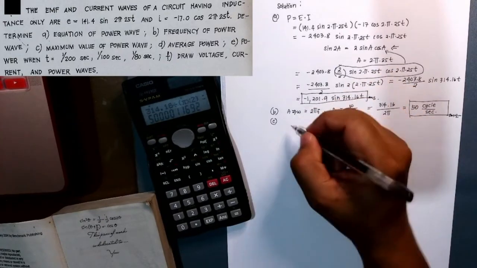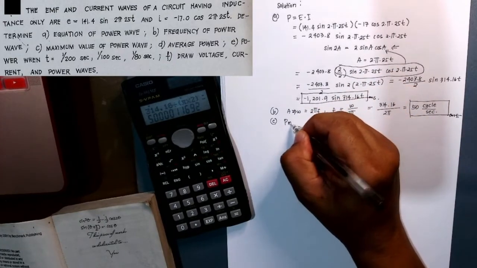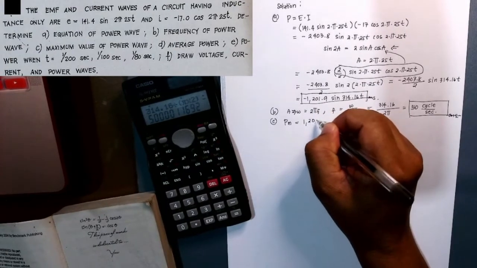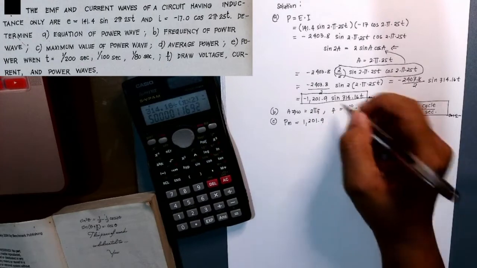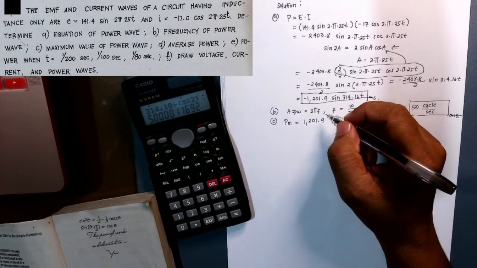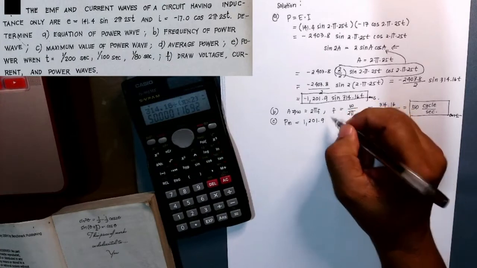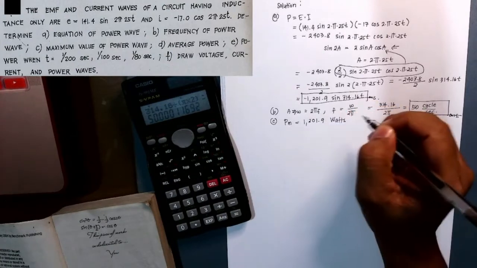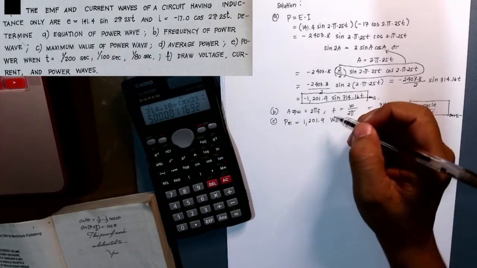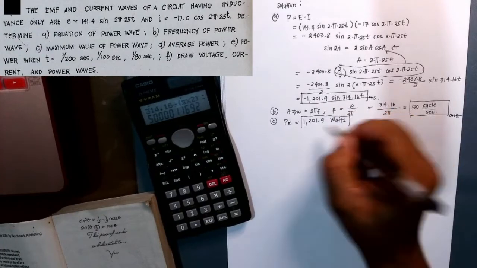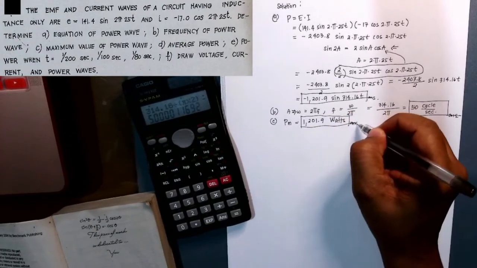So the maximum value is actually 1201.9. The unit is watts, the maximum value of our power wave. Just put it in a box for your answer.